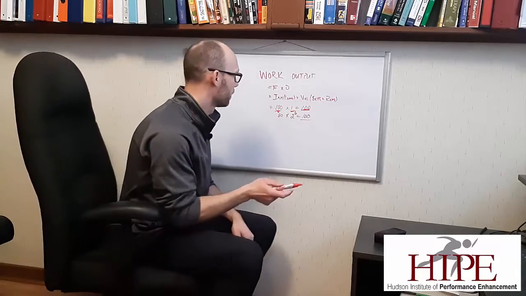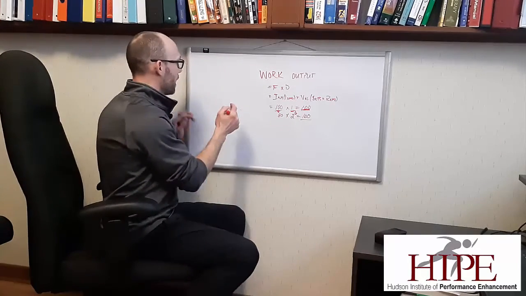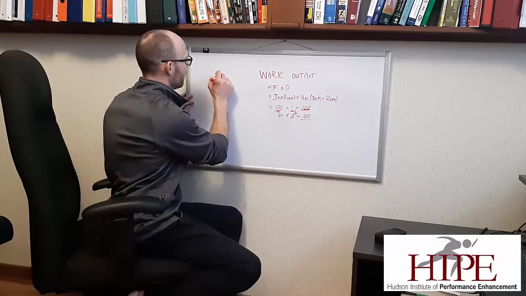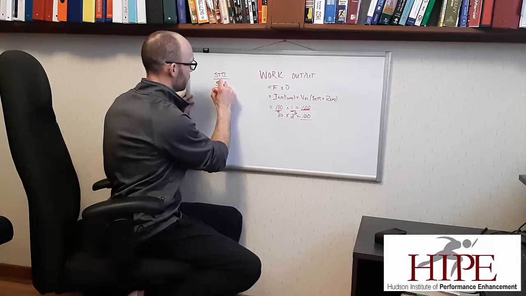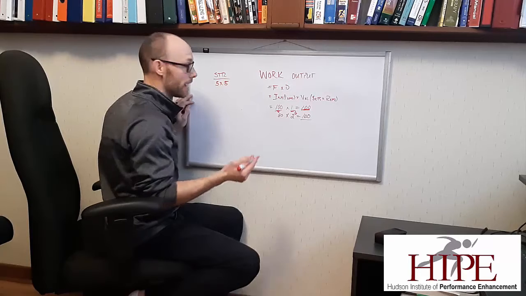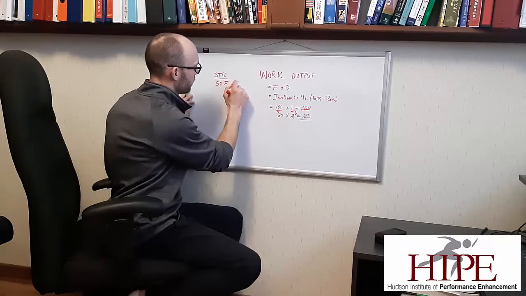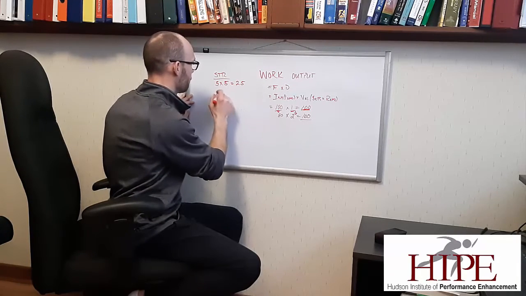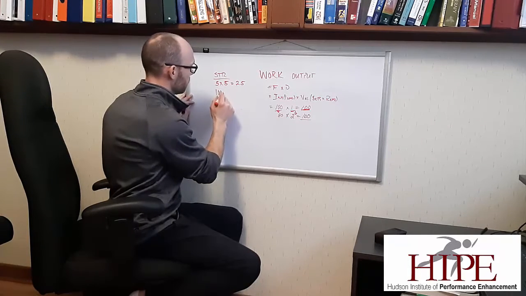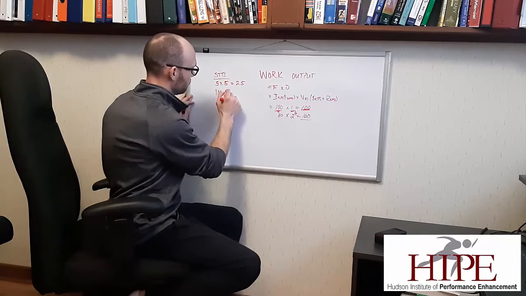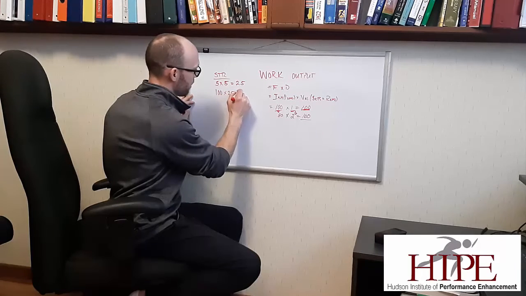Now I want to apply this for you with a strength example. Let's say we do the traditional 5 sets of 5, 5 by 5. That's 25 reps. That's our volume. We use a load of 100 pounds for 25 reps.